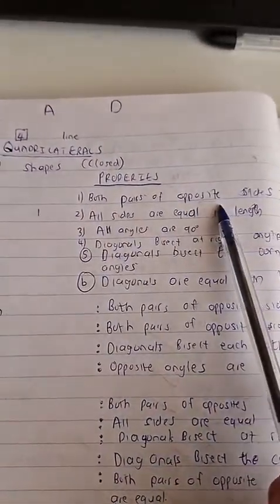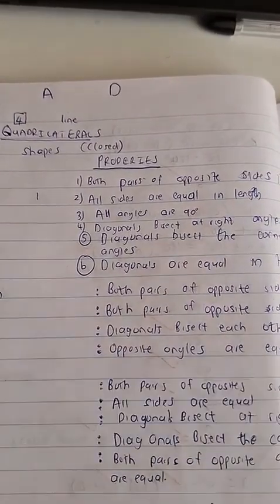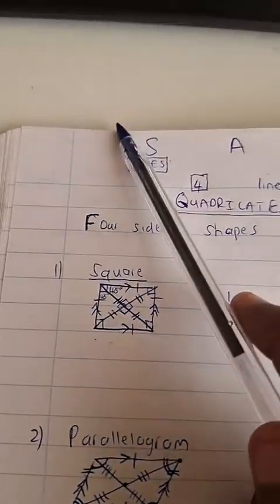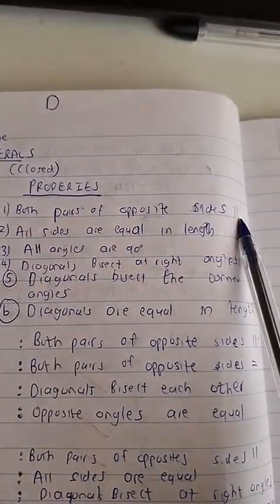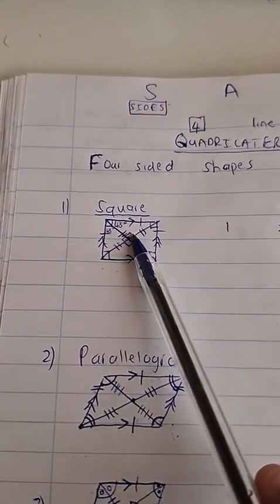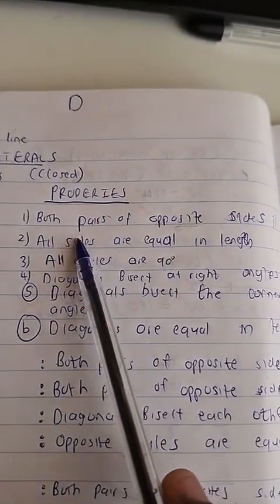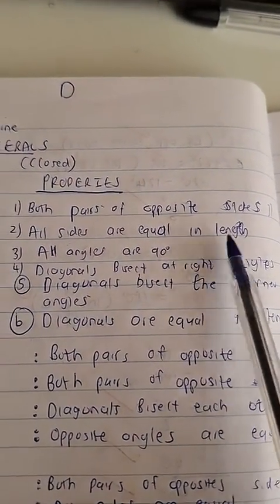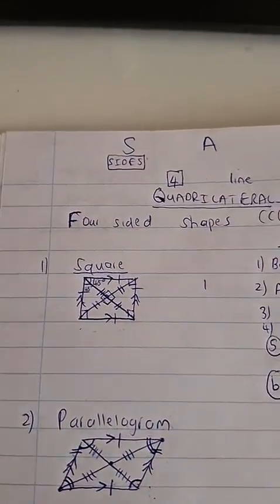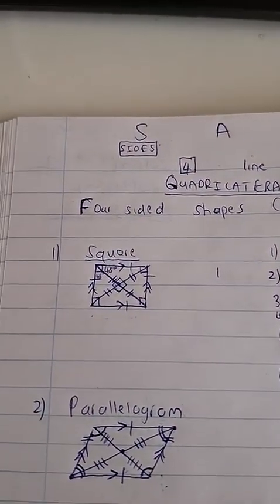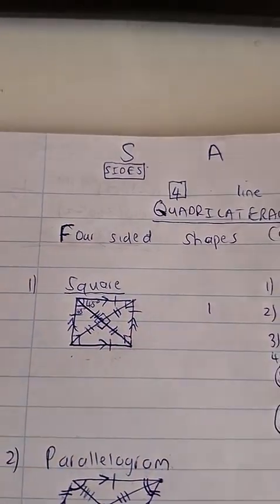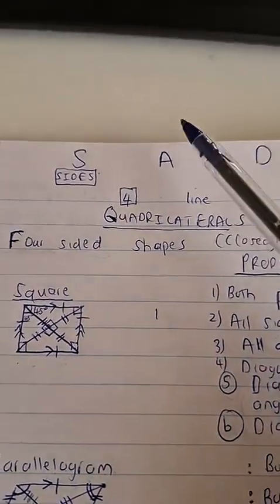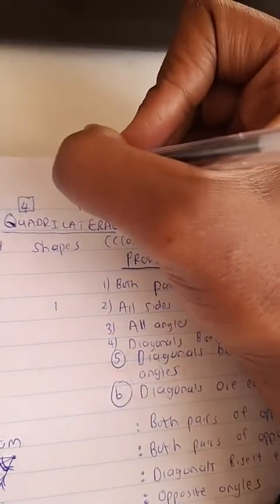So for instance, when I look at the square, what are the things that relate to the sides that I need to know about the square? I need to know that both pairs of opposite sides are parallel for a square. 1. 2, I need to know that all sides of a square are equal in length. So that's everything that I need to know about a square as it relates to its sides.